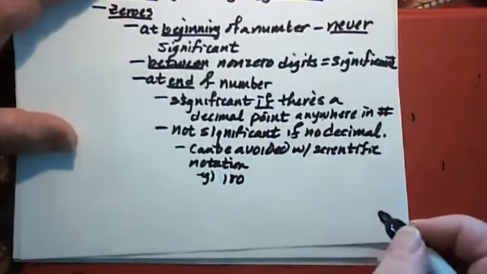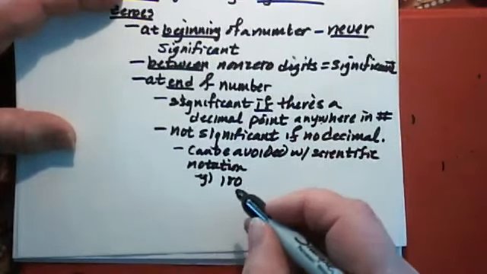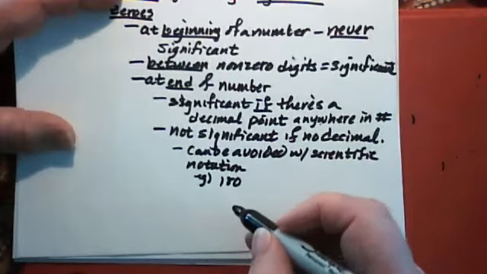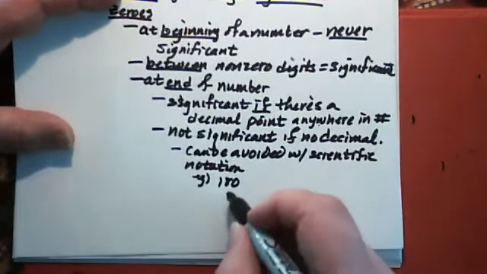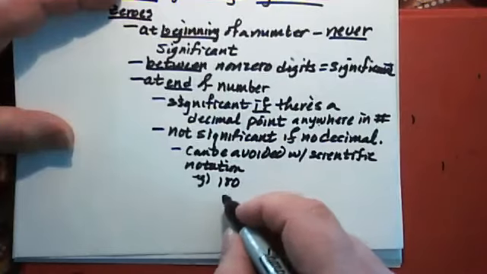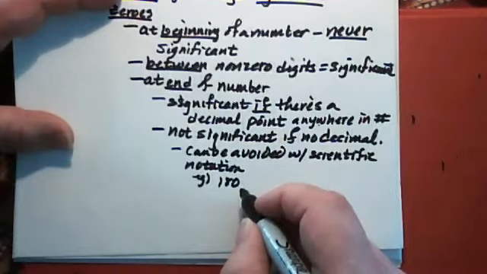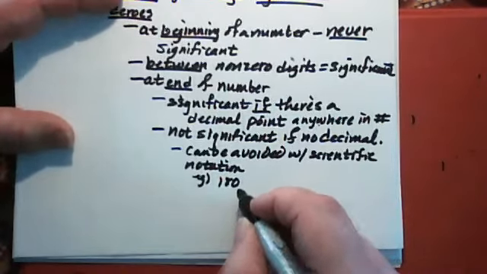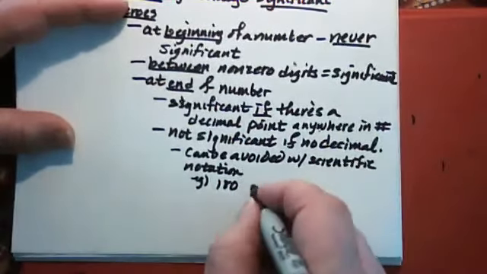For instance, the number 180 could have two significant figures. In fact, that's what we would normally assume, because like I said, we generally go with the smallest number of significant figures to be safe about it. Or it could have three, depending on how you did the measurement and how accurately you actually know the number. Maybe you just forgot to put the decimal point at the end, indicating that it has three significant figures.